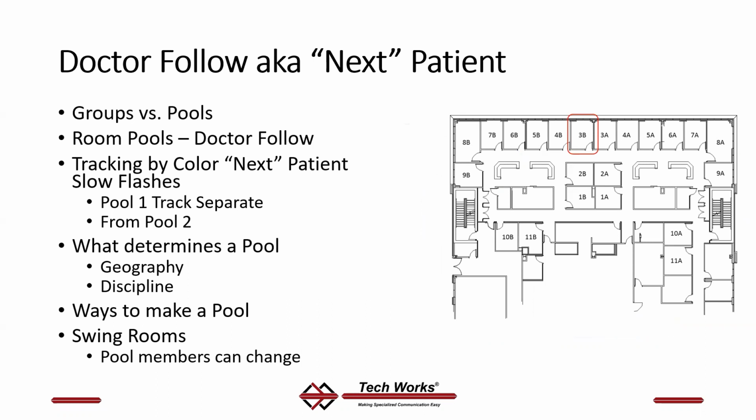Well, let's say it's this room. It's halfway in between 2 areas of the building. And one day it's needed over here by this group for whatever reason. And the next day it's needed over here by this group. Very simple to do by creating 2 pools. You have 2 pools that both include room 3B. It's just which one you assign for that day.